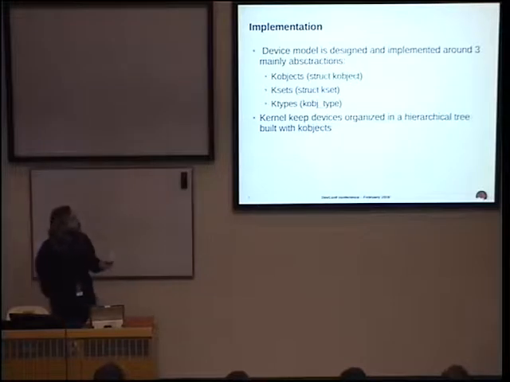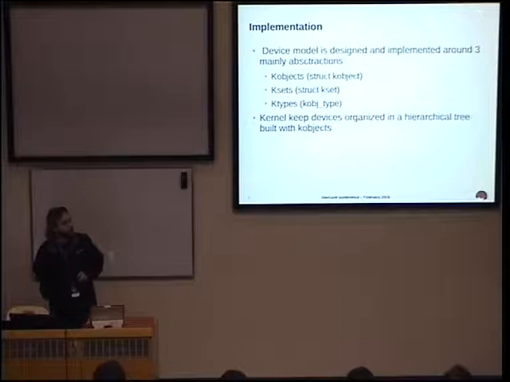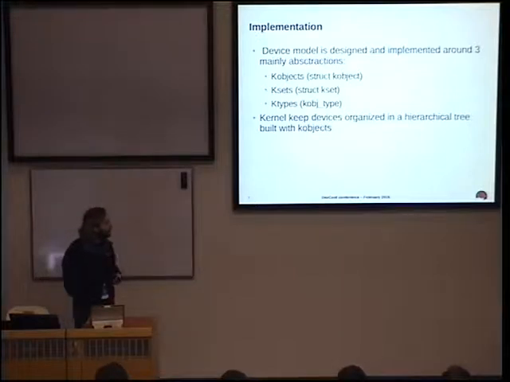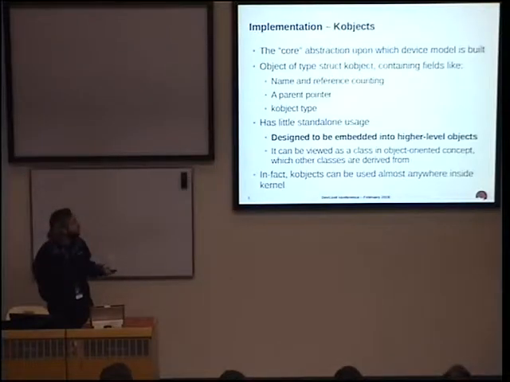So those three abstractions have been created to help the device model implementation, but nowadays they can be used almost everywhere around the kernel. We use this a lot in file systems to export information from the file system internals to user space. And we're going to see more details about this later.